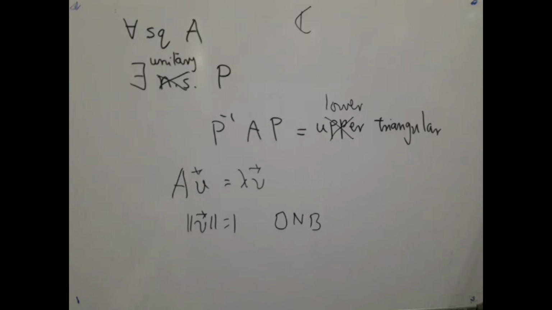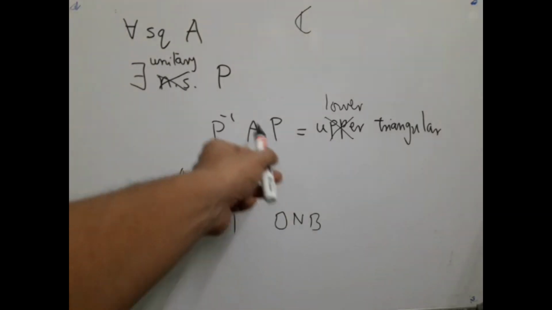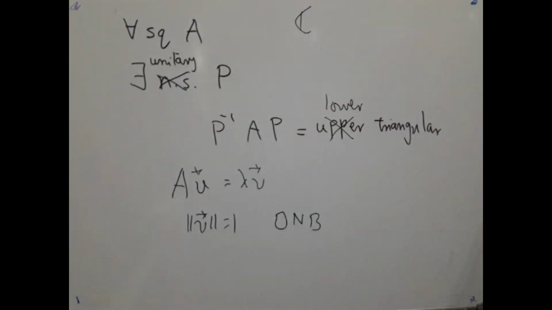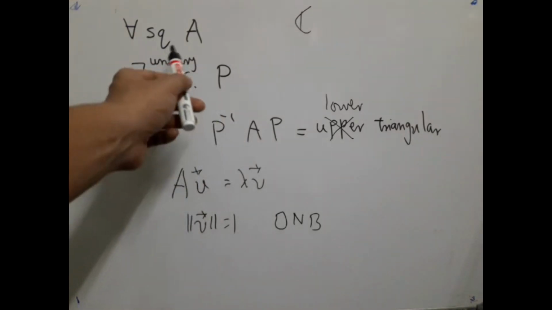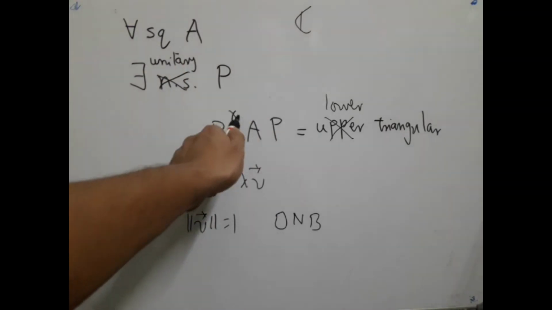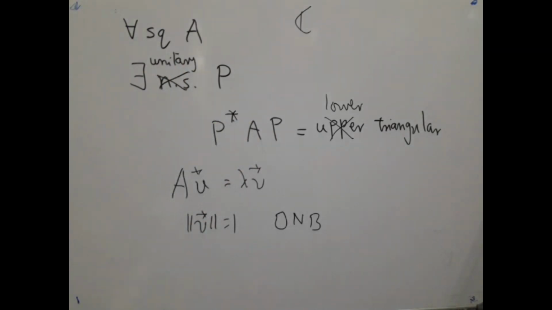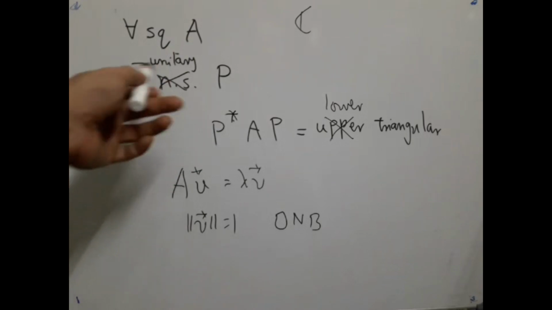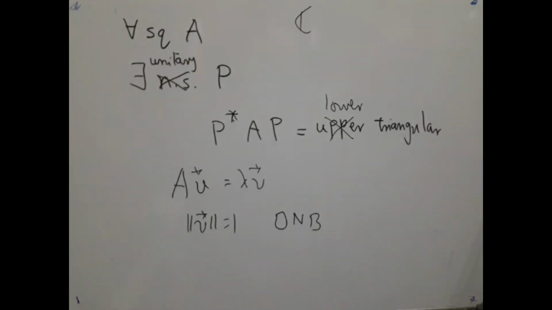We can get a unitary P such that P inverse AP is lower triangular or upper triangular, whichever you like. And since P is unitary, you might as well put a transpose, or not transpose, but P star here. They're all equivalent. Now in this form, this is a very powerful form because this subsumes the non-singular case. Unitary is anyway non-singular. It is a very, very useful result, and it is called Schur decomposition.